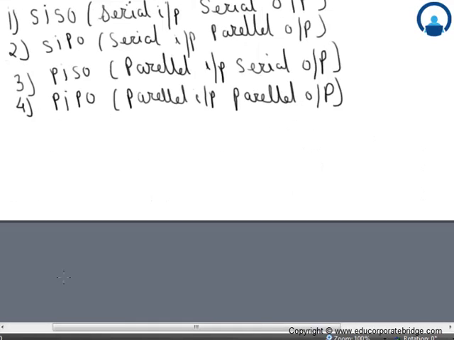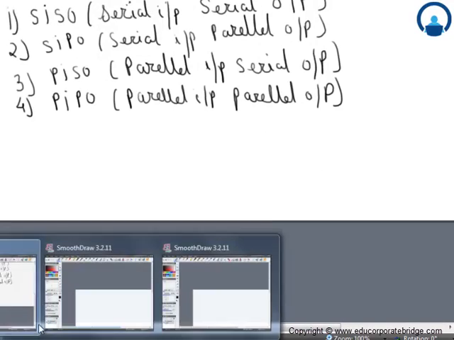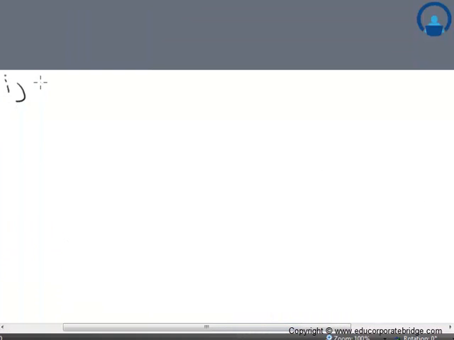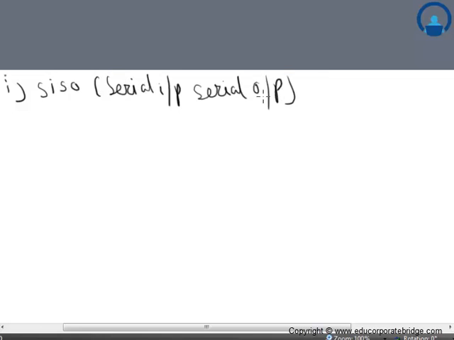Let's study each shift register step by step. Let's take the first one, SISO, that is serial input, serial output. Let us assume that we are trying to store 4 bits.